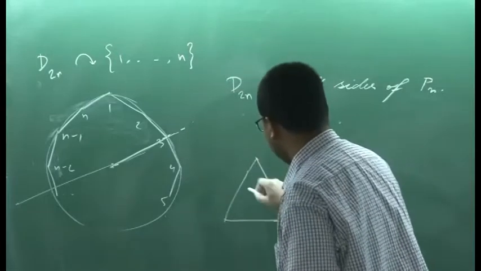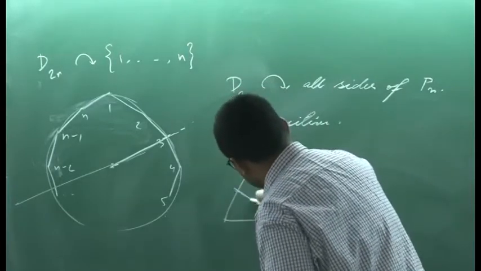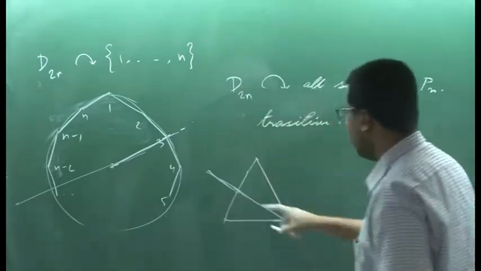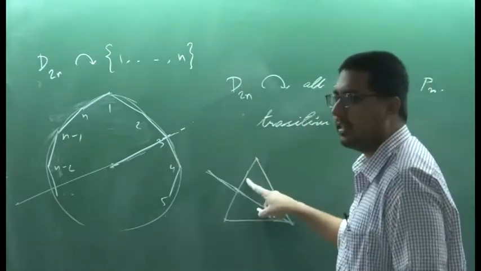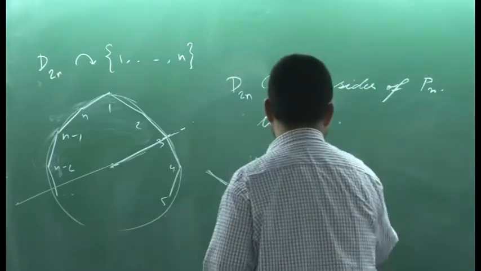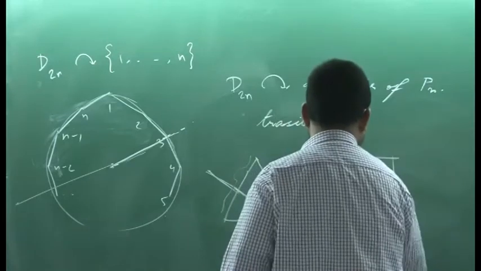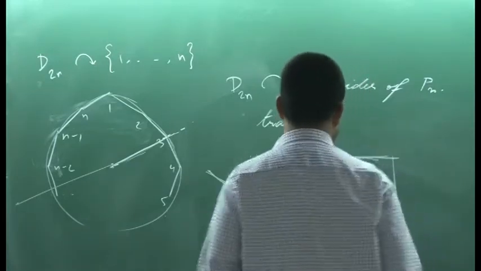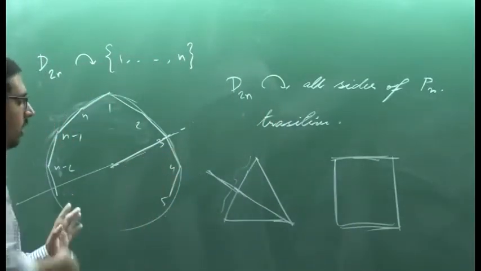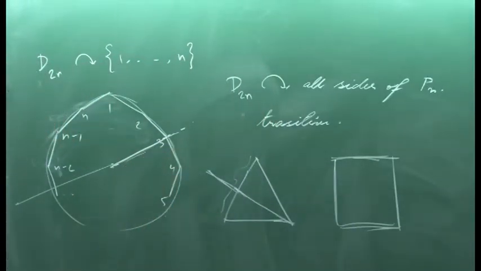For n equal to 3, this bisector of this side is indeed an angle bisector as well. So with respect to this angle bisector or the side bisector, if we take the reflection, then this is going to leave the side fixed. Similarly for n equal to 4. When n is odd, all the angle bisectors coincide with the side bisectors, because every angle bisector will be a bisector of the side opposite to it.